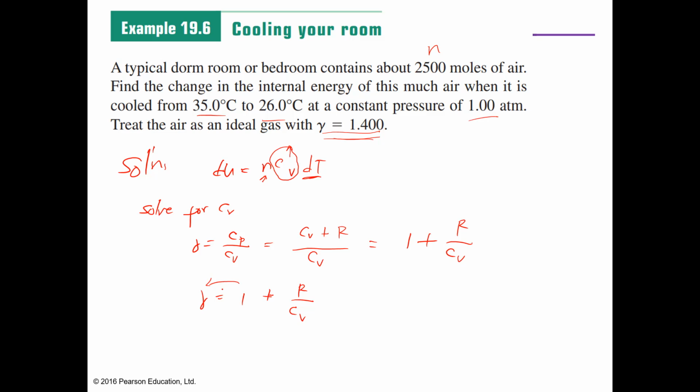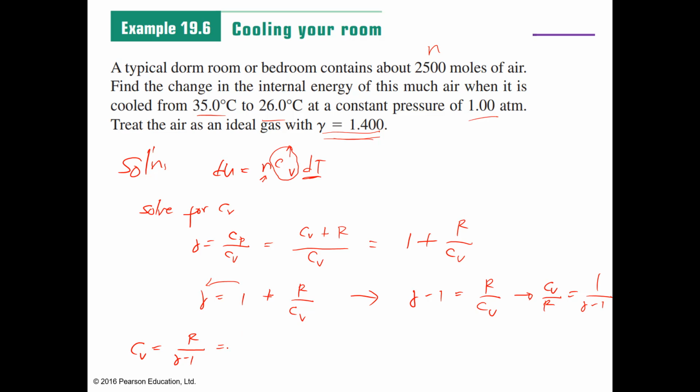Transposing this, gamma minus 1 is equal to R over Cv. Okay, and then Cv over R is just equal to 1 over gamma minus 1. Right? So therefore, Cv is equal to R over gamma minus 1.